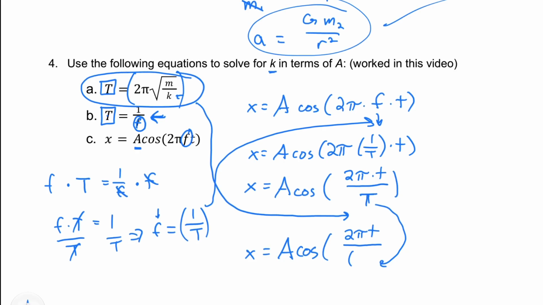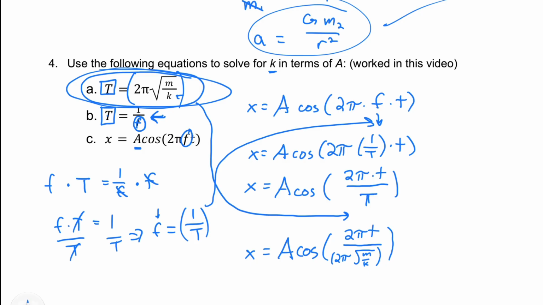So we got T on the bottom. So we'll substitute in for that 2 pi times the square root of m over k, which again is just what T equaled in that equation A over there. So we substitute that in for big T. Cool. And then we'll close up that parentheses.